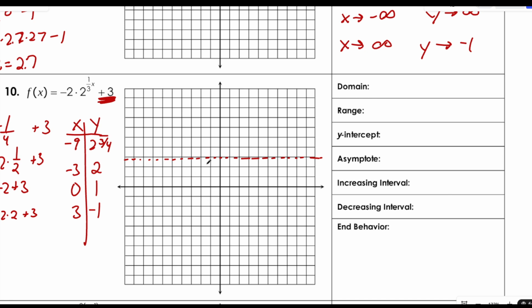All right, let me start plugging in some points. 0, 1, 3, -1, -3, 2. I did -9. It was really close to 3. So it's looking like it's a function.